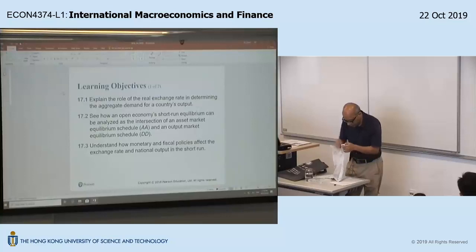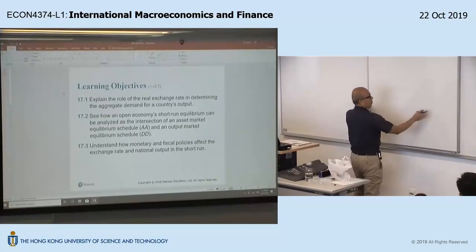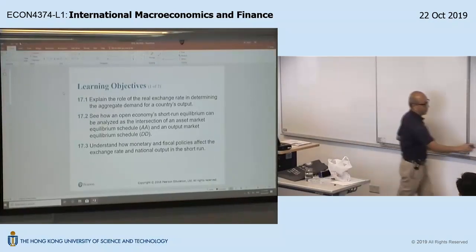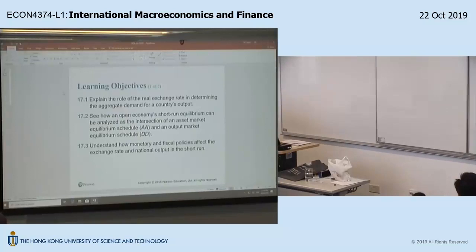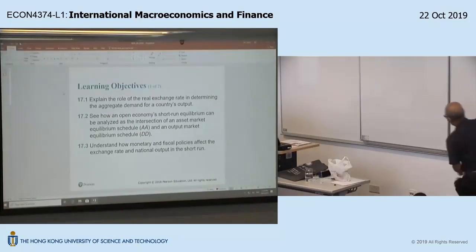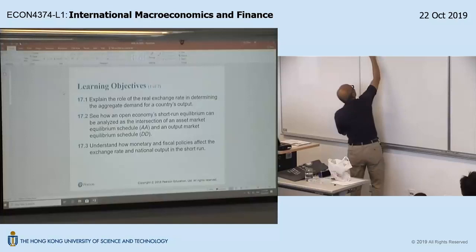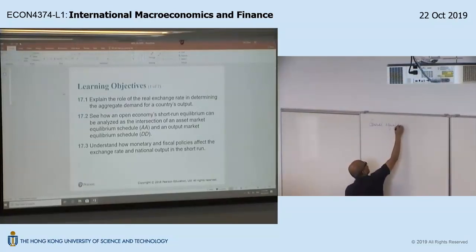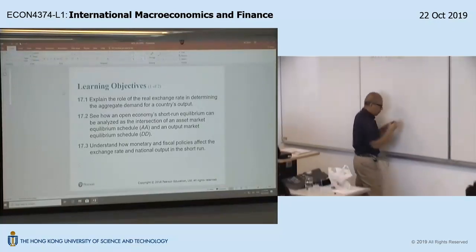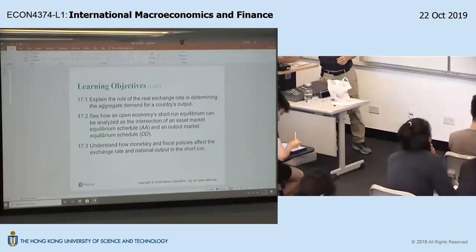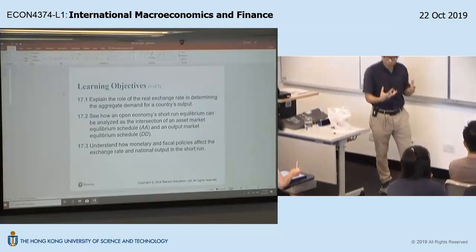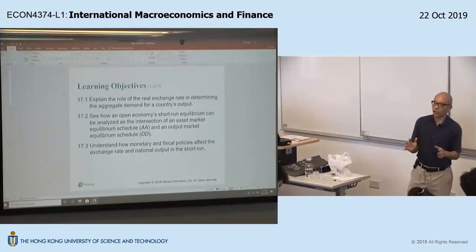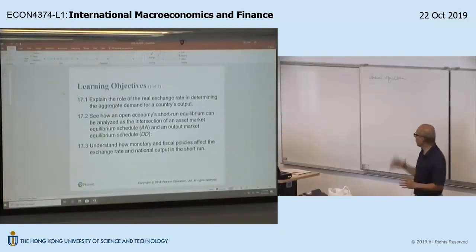In macroeconomics, we're always interested in the general equilibrium. This AADD framework helps us to think about general equilibrium, because general equilibrium means what?